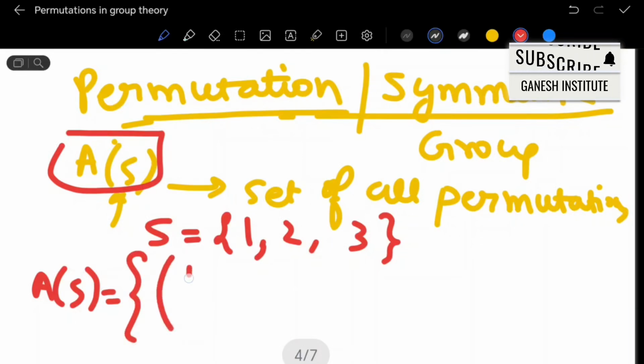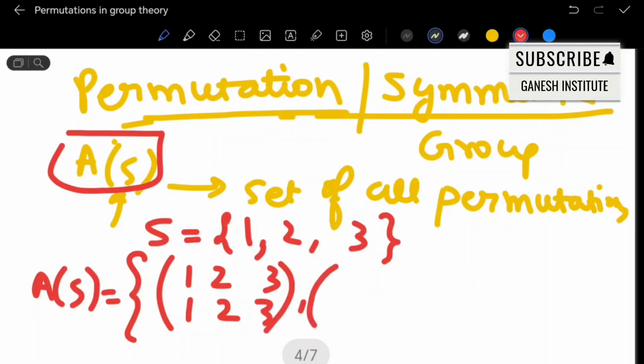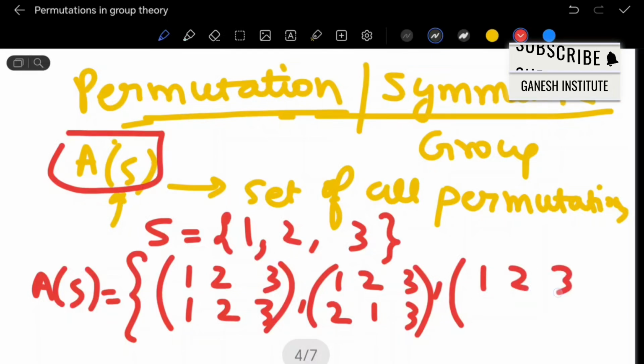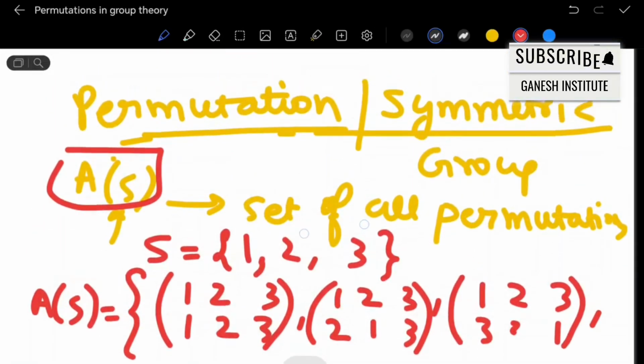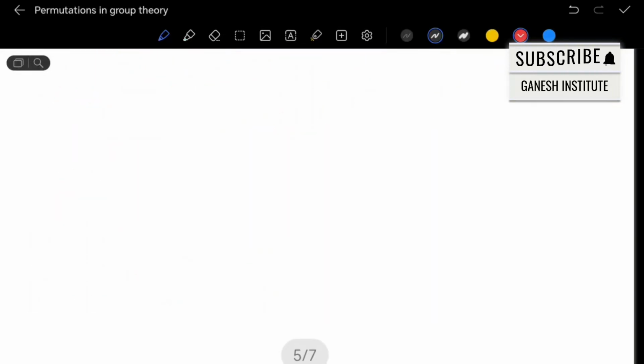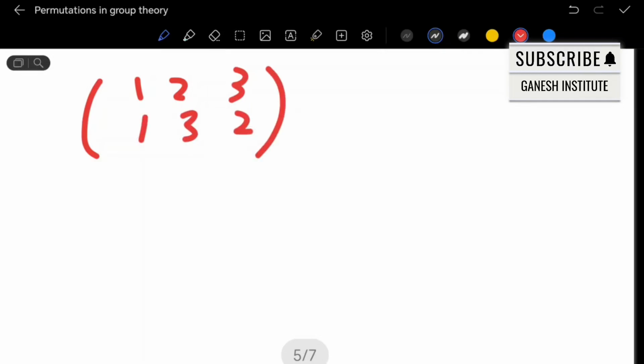Maybe all those elements are connected to themselves, or we can switch it: 1, 2, 3 connected by 2, 1, 3 respectively. Or again, you can change the places and find out, or you can have 1, 2, 3 with 1 by 1 and 2 by 3, 3 by 2.